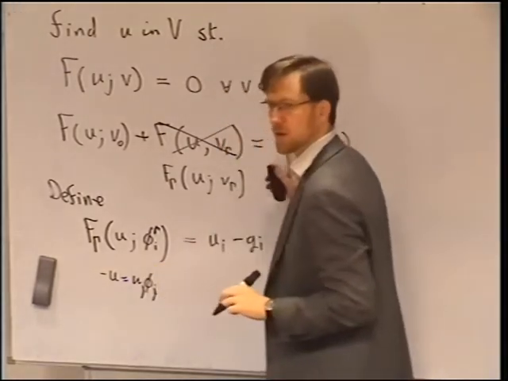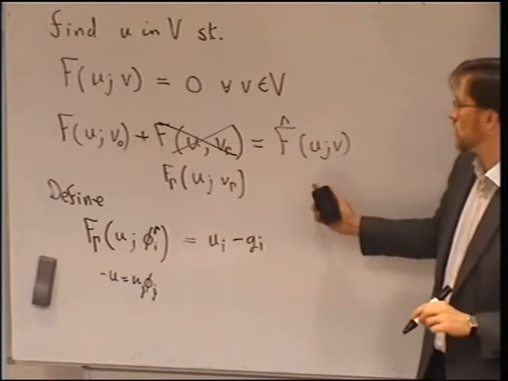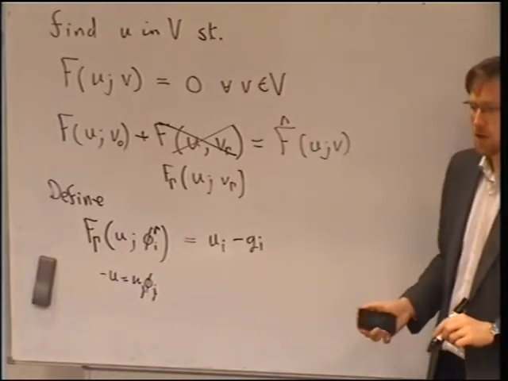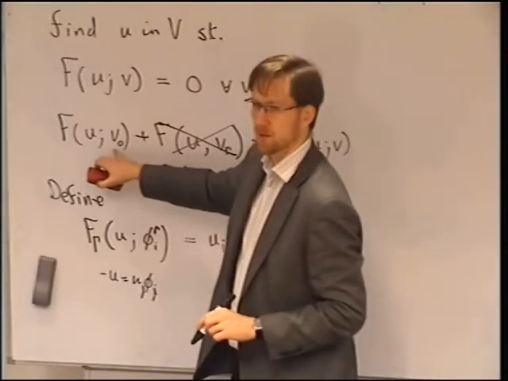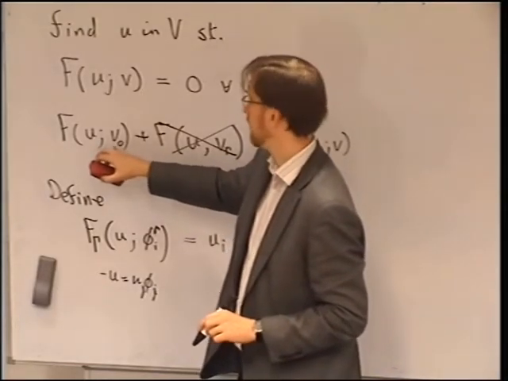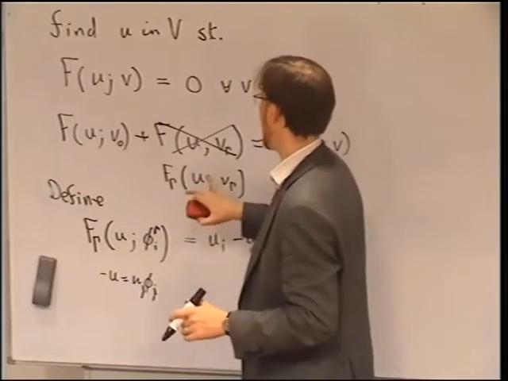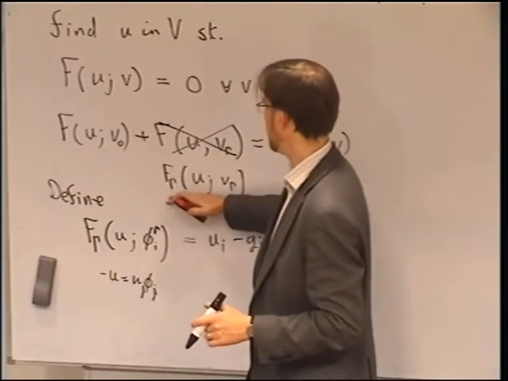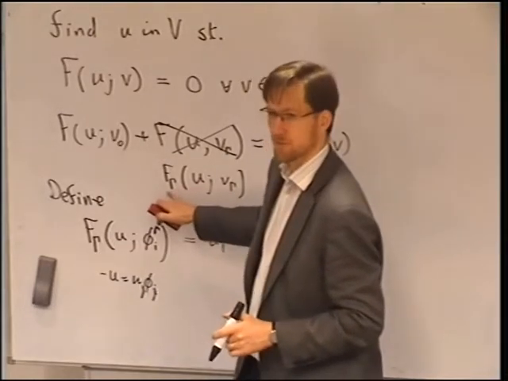So this is my new constrained residual function, which is just my original residual function when v comes from the interior of the domain or the non-Dirichlet boundary, and it's my new version when v comes from the boundary.